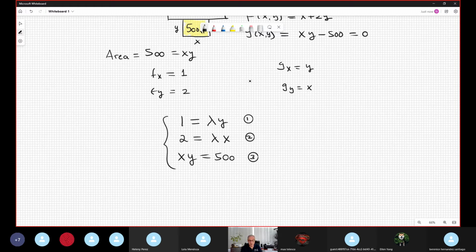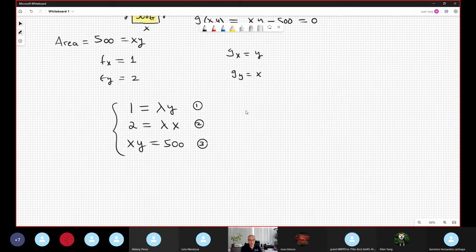Okay. And the solution here is similar to the other problem. You divide equation 1 by equation 2. This frequently happens because lambda, I don't care. So 1/2 is equal to y over x, and multiplying by x, x is equal to 2y.